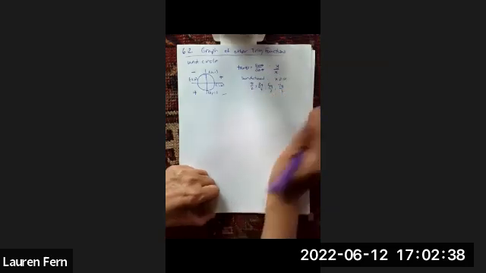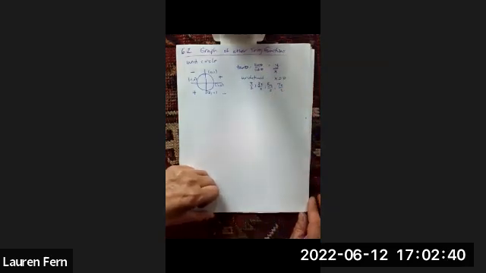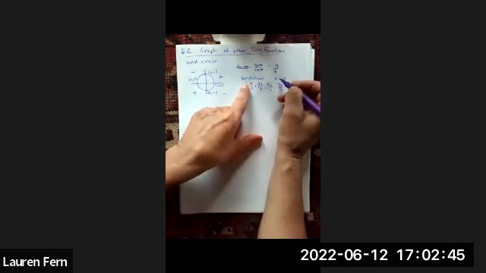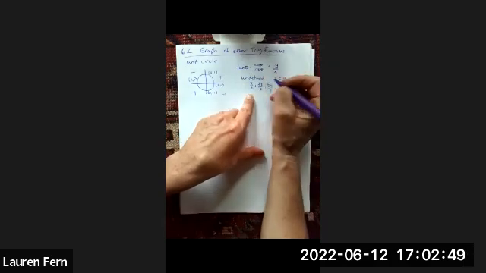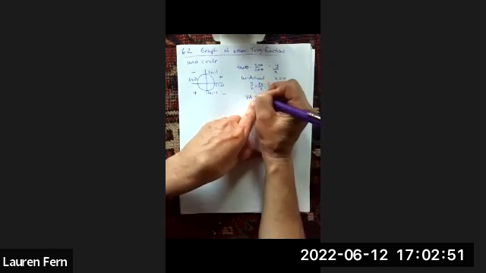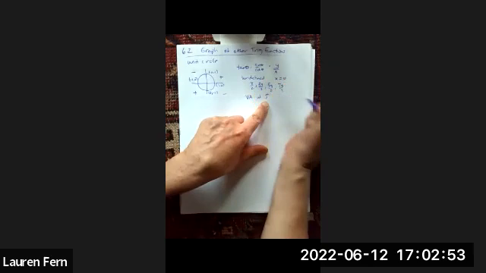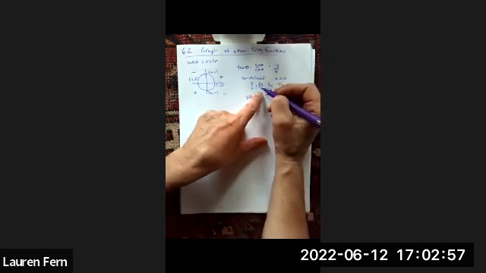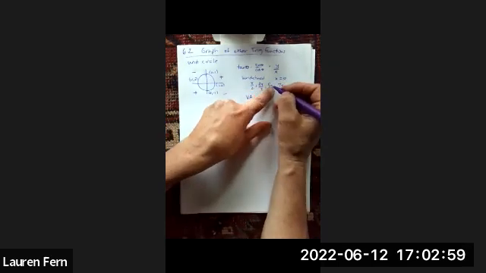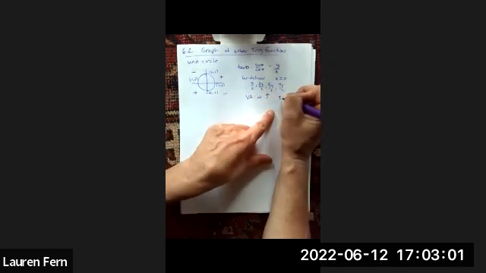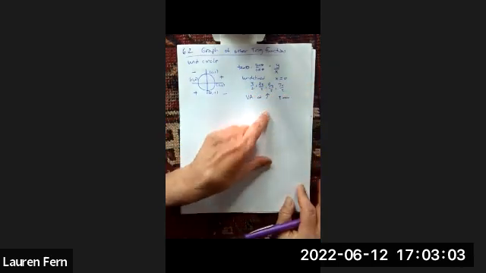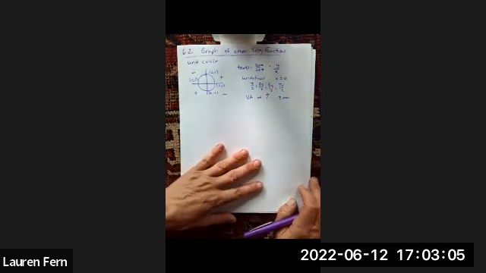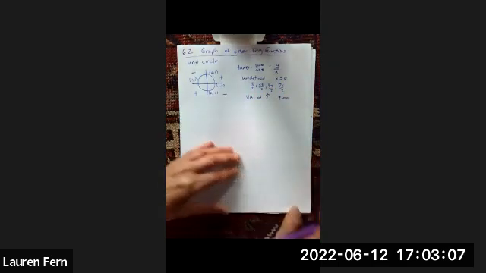You have vertical asymptotes. This is really, really fun. This goes back to our rational functions. We're going to have a vertical asymptote at each of those values. In other words, as we approach pi over 2, 3 pi over 2, 5 pi over 2, etc., our function is either going to shoot up to positive infinity or shoot down to negative infinity.